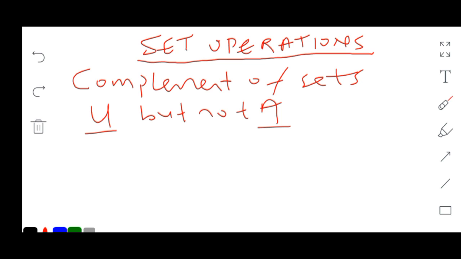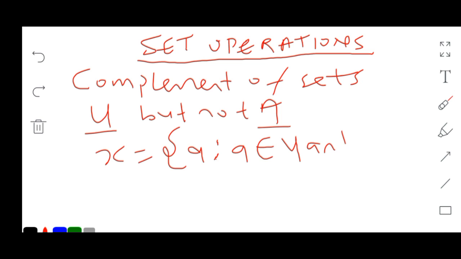And we can write it like this. Let's write that one too. So X equals, the element is going to be like a, such that a is a member of U, the universal set, and a is not a member of A, that is set A. So that's how you're going to write it.